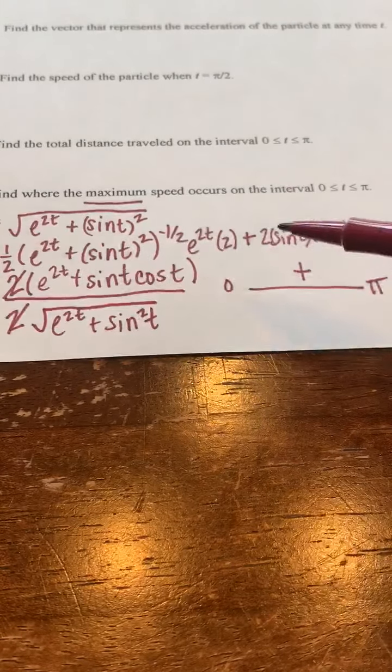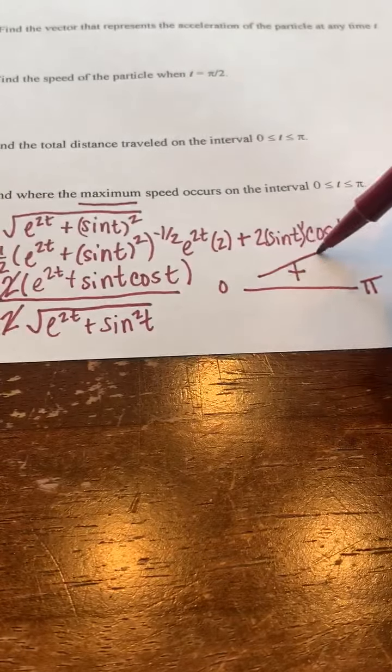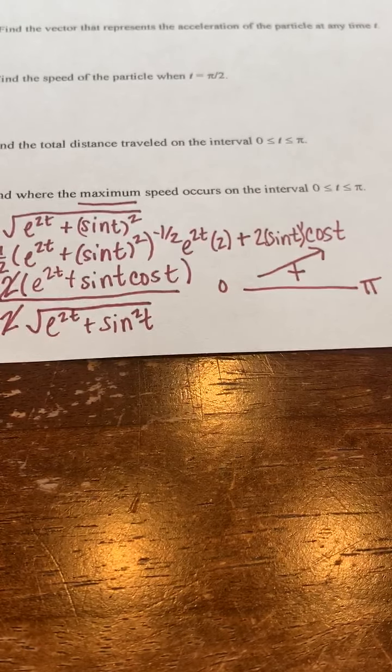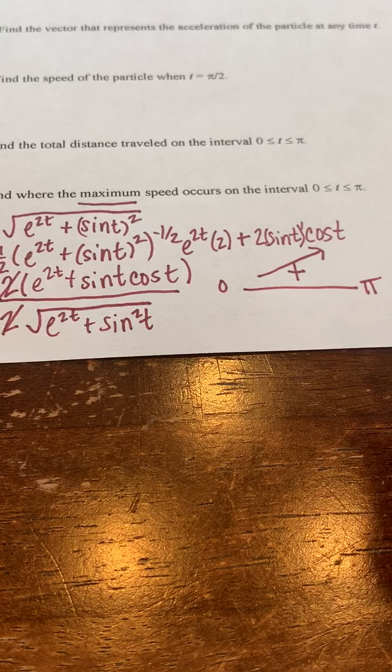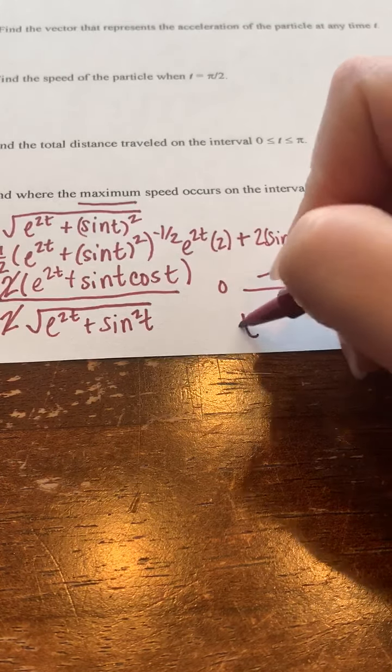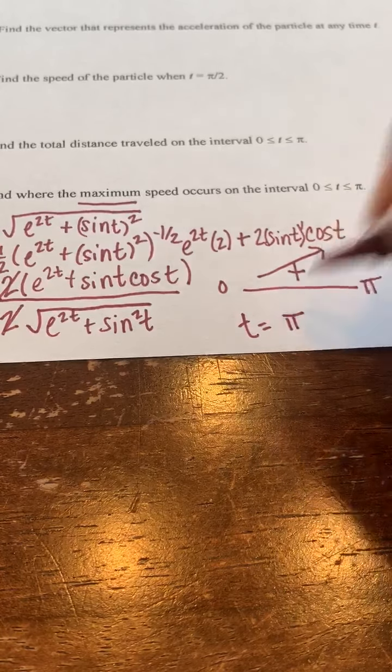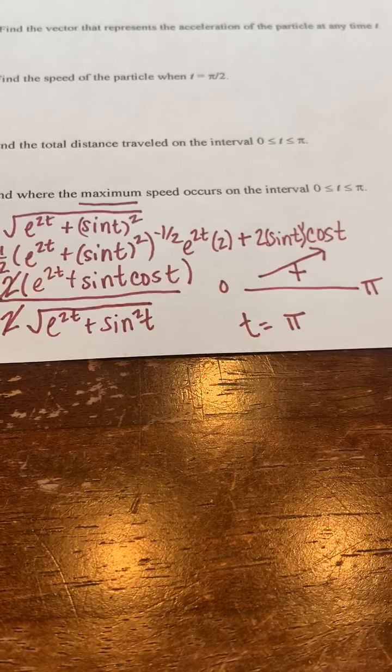If the derivative is positive, the original function, speed, is increasing on the entire domain. So when it says find where the maximum speed occurs on the interval from 0 to pi, it has to occur at the endpoint. So the maximum speed occurs at t equals pi.